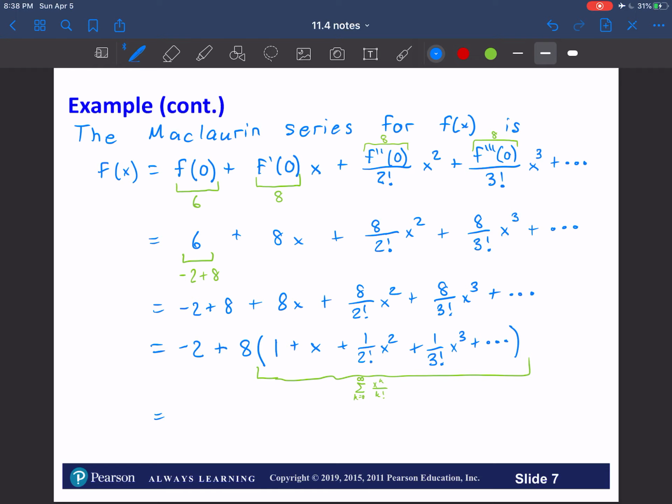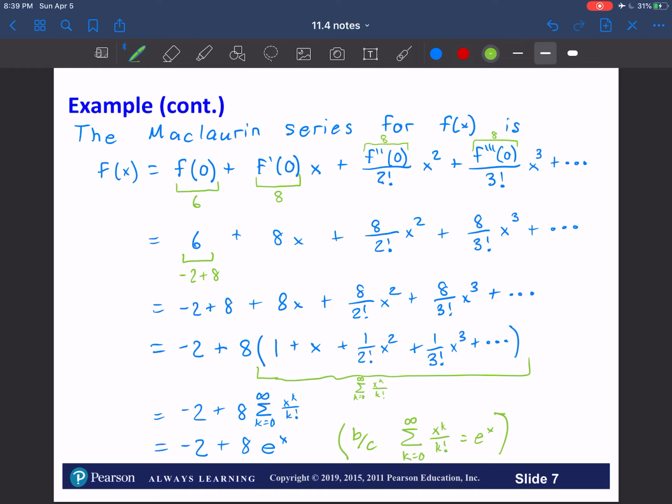And so this is negative 2 plus 8 times the infinite sum, and that infinite sum, as I've already said, is e to the x. And perhaps I should write that down, because the sum from k equals 0 to infinity of x to the k over k factorial equals e to the x. So it's the Maclaurin series expansion.